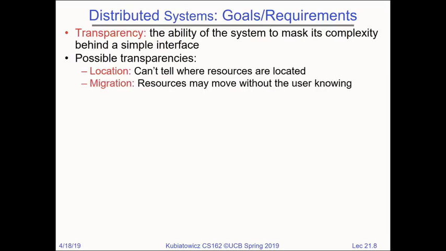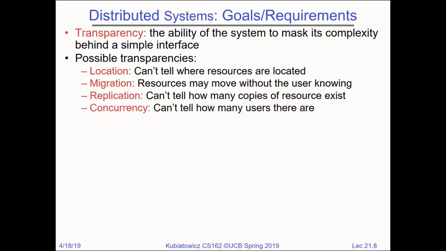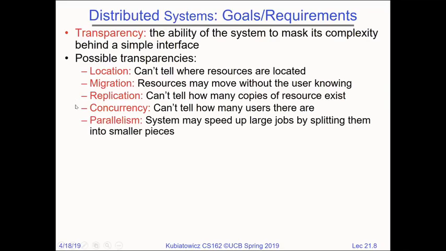Okay, migration. We'd like the resources to move so that, when things fail, other things take over. It just kind of works. Replication transparency. Wouldn't it be nice if I didn't have to know how many replicas there are in order to make sure that things don't get lost? And the replicas don't get in the way of what I'm doing. Concurrency. Well, maybe I don't need to know how many users there are in the world working this system.